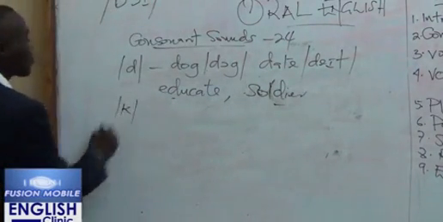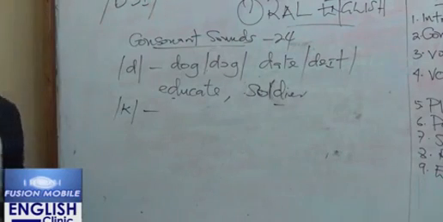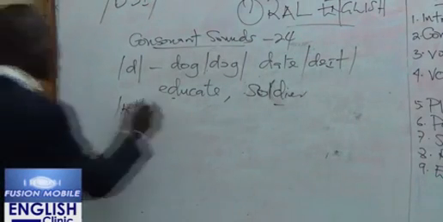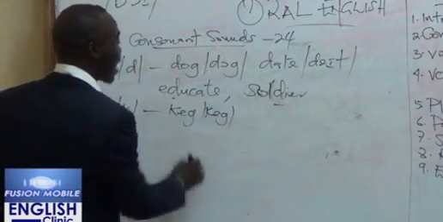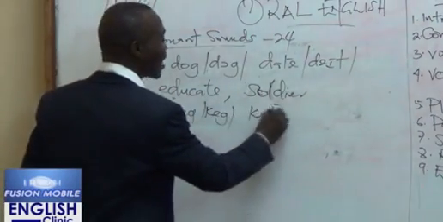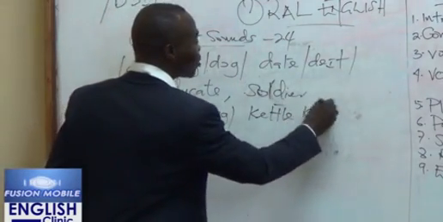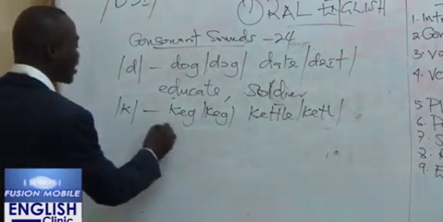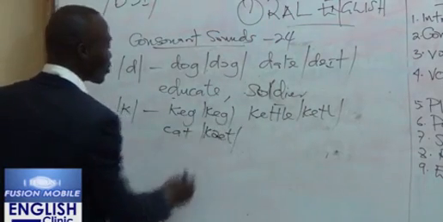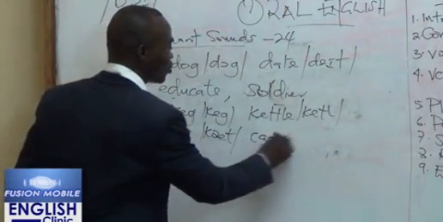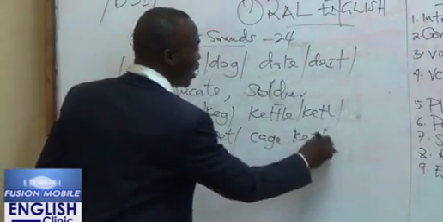Now another sound is ka. Now ka can be realized in about 4 ways. It can be realized by letter K as in kettle. It can be realized by letter C as in cat, as in cage.